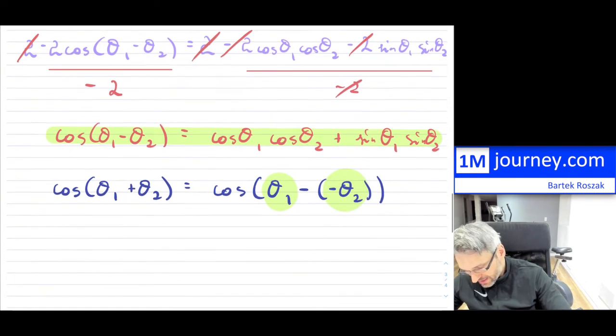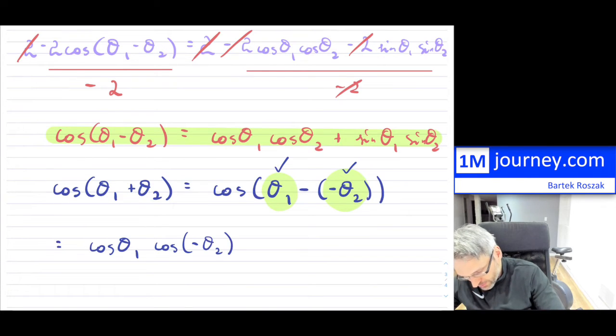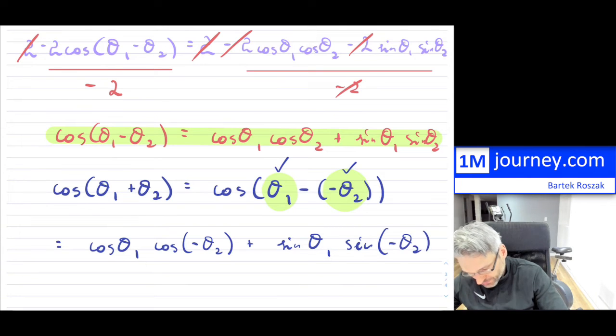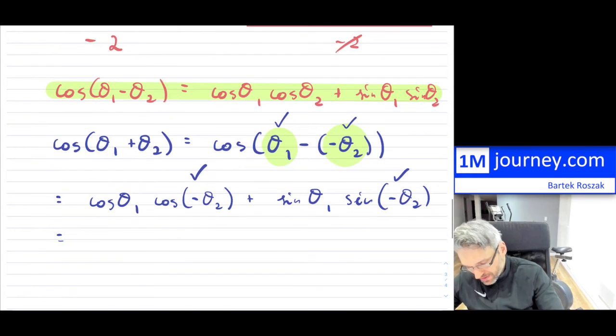Notice if I substitute it in, with this as my first angle and this as my second angle, what I'll get is cos theta 1 times cos of negative theta 2, plus sine of theta 1 multiplied by sine of negative theta 2. But wait a minute, we've done these before.